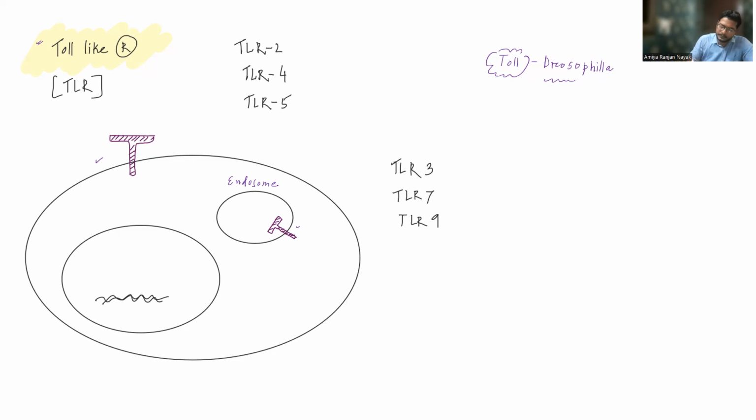If you see, TLR2 is going to identify peptidoglycans. TLR4 is going to identify lipopolysaccharide, and TLR5 is going to identify flagellins. There are around 10 types of toll-like receptors. These are some of the examples, but these are important examples.